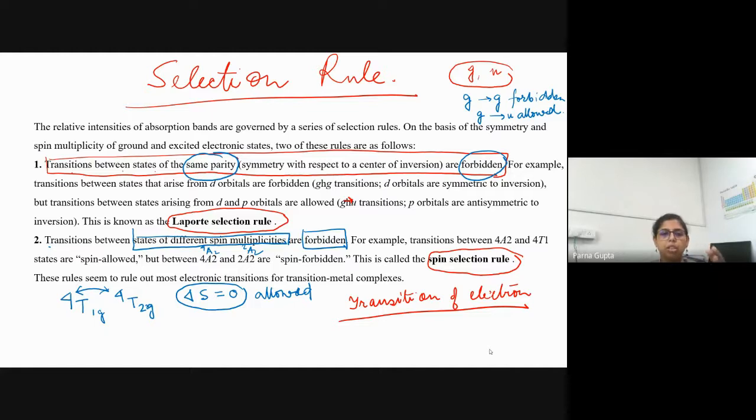So I am just bringing the concept of MLCT. Generally, even though all the d-d transitions are theoretically forbidden, they become somewhat allowed due to the breaking of the selection rules by some means. So these are the selection rules.